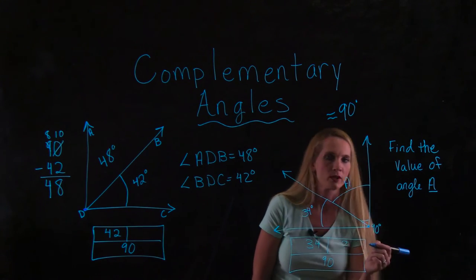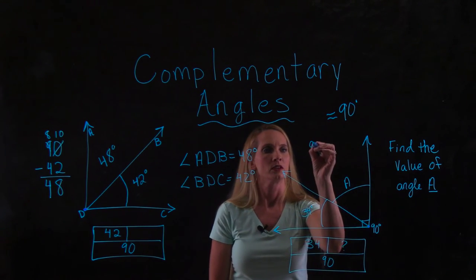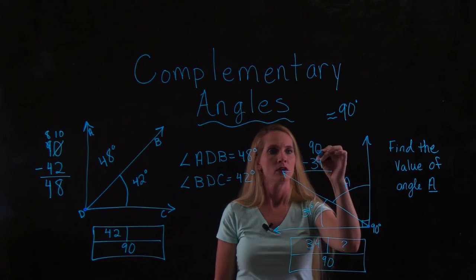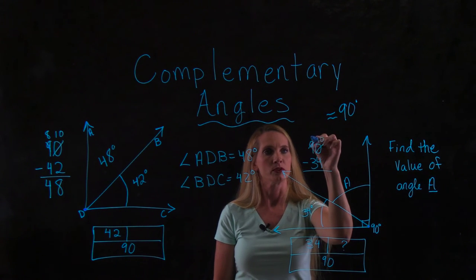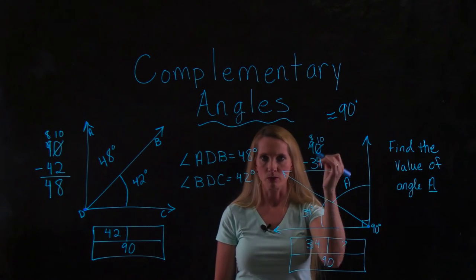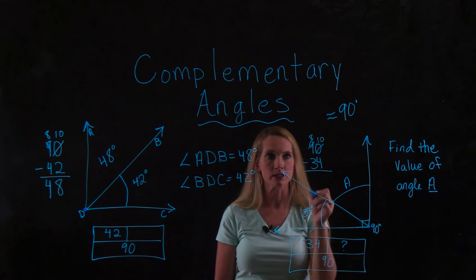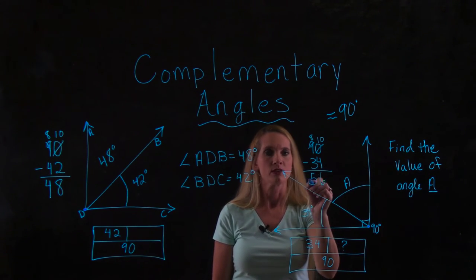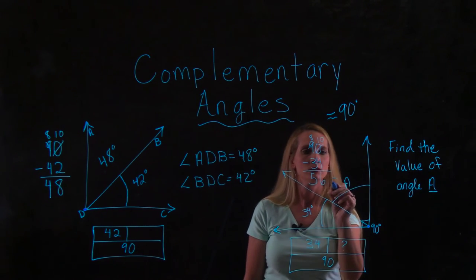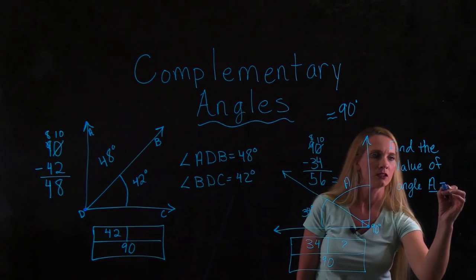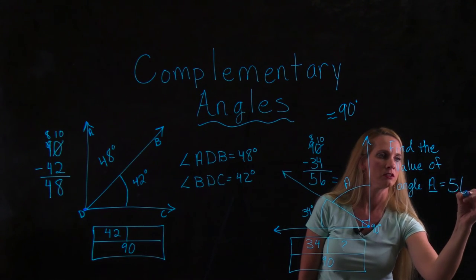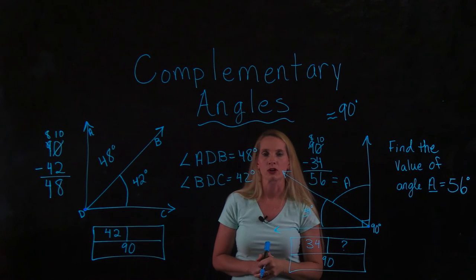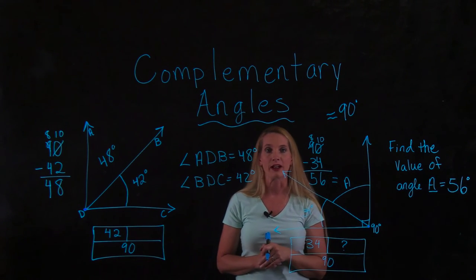So again, I'm just going to subtract 90 minus 34. Go next door, borrow 10 more. My 0 becomes a 10, my 9 becomes an 8. 10 minus 4 is 6, and 8 minus 3 is 5. So now I know that angle A is equal to 56 degrees.